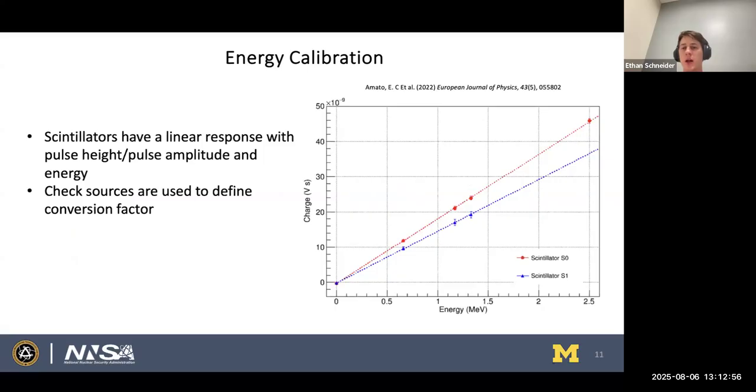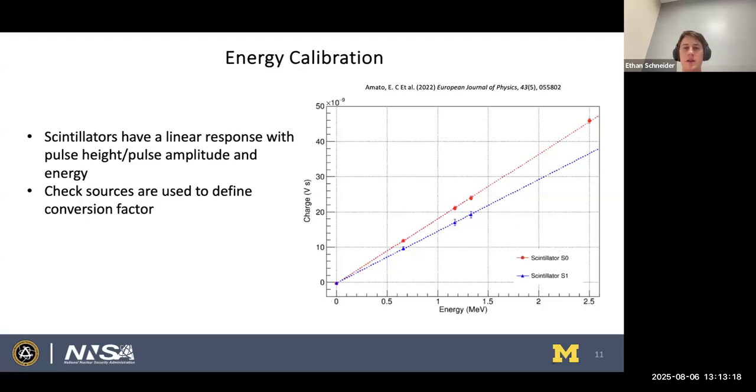So within our laboratories, we'll have different check energy sources. So for instance, we'll have a 662 keV cesium spectrum. We might have cobalt. We might also have sodium-22, which will give us those 511 keV and 1278 keV energies to work off of.